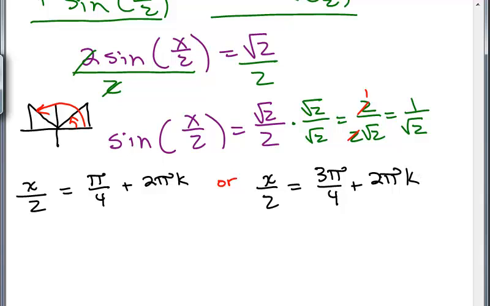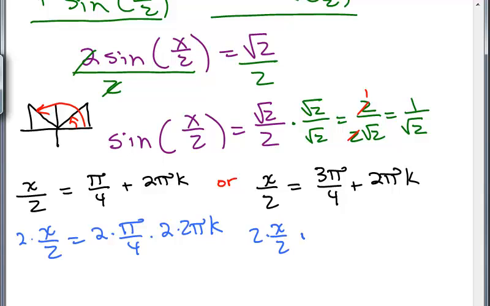So if we were asked to find all the solutions, I still have another step to do here because I haven't solved for x. So we want to do that. Multiply everything by 2. So I have 2 times x over 2, 2 times pi over 4, 2 times 2 pi k. Same thing over here, 2 times x over 2, 2 times 3 pi over 4, 2 times 2 pi k.